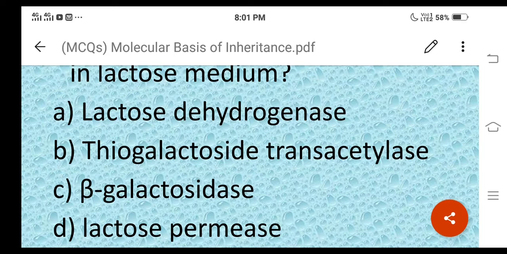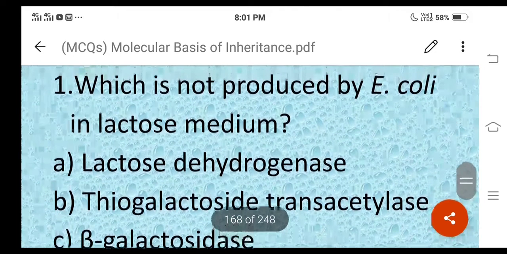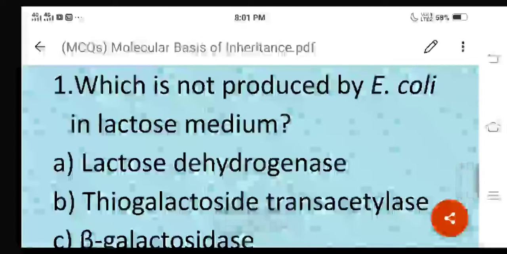Thiogalactoside transacetylase is produced, then beta galactosidase is produced, then lactose permease is produced. Three different enzymes are produced, but not lactose dehydrogenase. So option A is the correct answer according to the question. Which is not produced by E. coli in lactose medium? Option A is the correct answer.